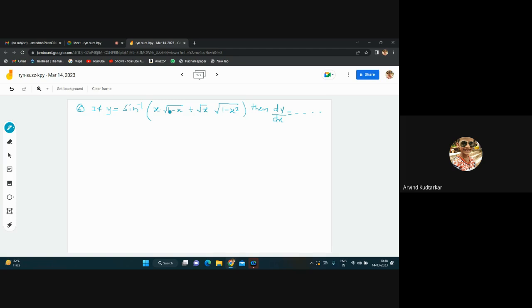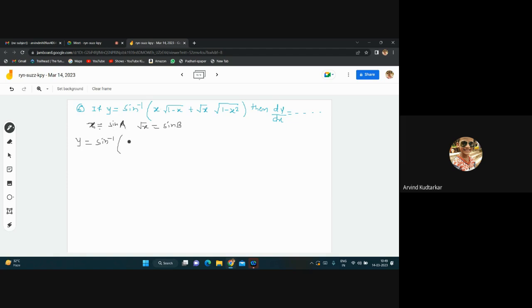Okay. So substitute x is equal to sine A, and root of x is equal to sine B. So what does it become? y is equal to sine inverse of x.